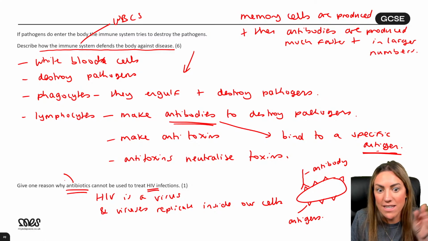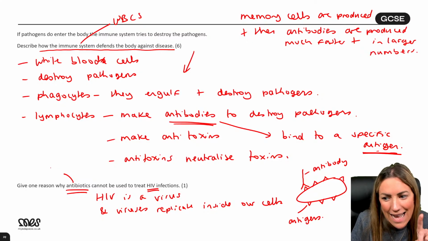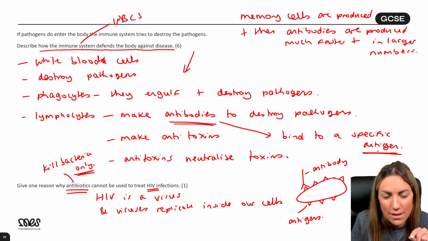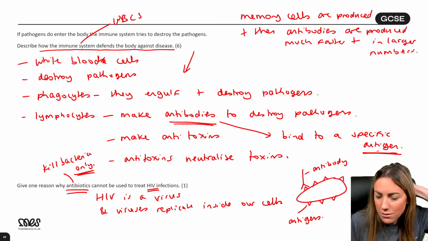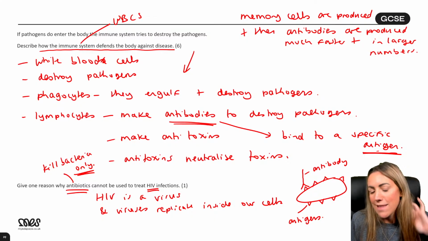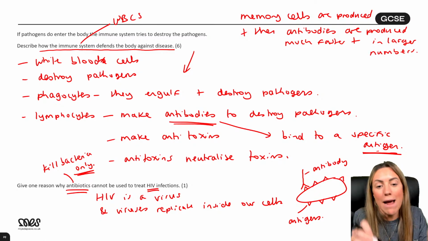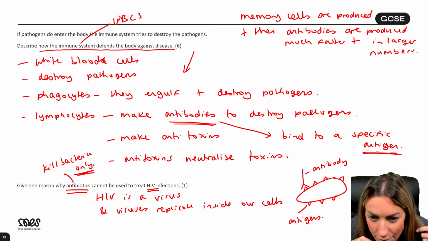The HIV virus is inside a host cell, inside one of your cells, so the antibiotic can't reach the virus unless it destroys your cell. You need to remember, everybody, antibiotics kill bacteria only, like penicillin from the penicillium mold. Do you remember that one? They don't work on viruses because viruses live and replicate inside a cell, so the antibiotic cannot reach them.